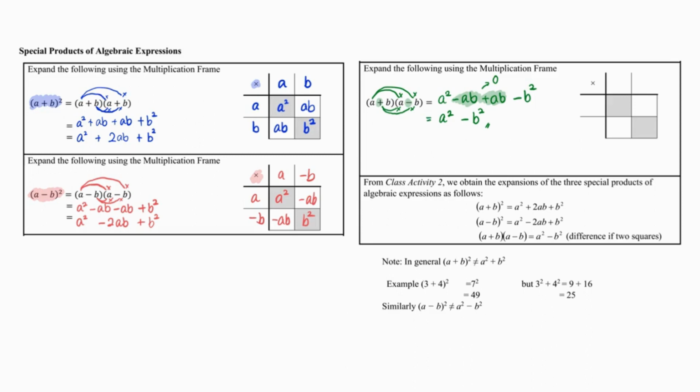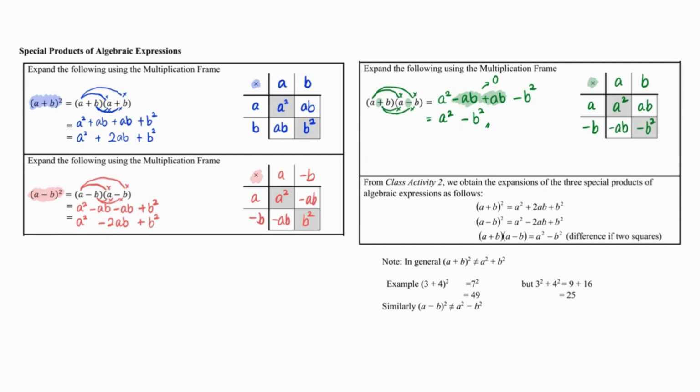So that will be the last part, and if I were to use the multiplication frame, I would also get back the same answer. If I have a plus b, which is positive b, a and negative b, and when I multiply them, I will get a square. This is positive ab, this is negative ab, and this is negative b squared.